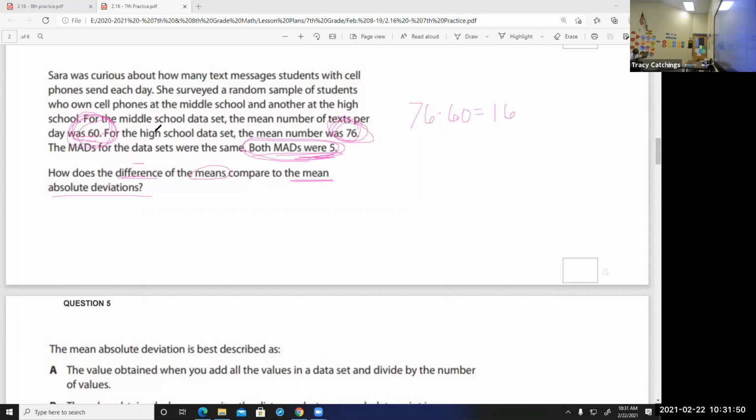You done already said it, now I'm just rewording it. What did you tell me about the means earlier? High school students text more each month. How you know that?